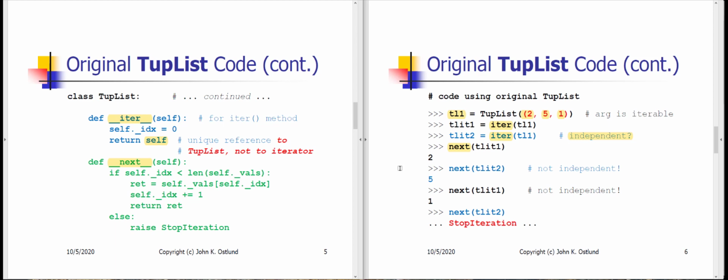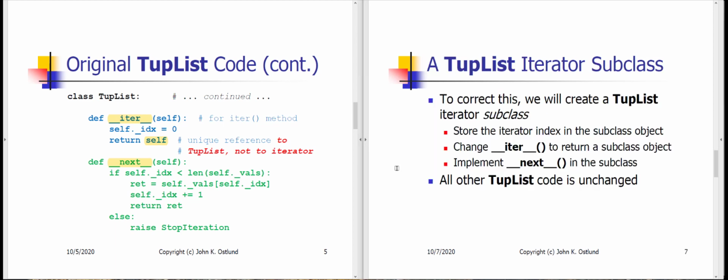The way we're going to handle this is to create a subclass for TupList iterators within our TupList class. Then each individual iterator object that we create from within our TupList class will have its own independent index.